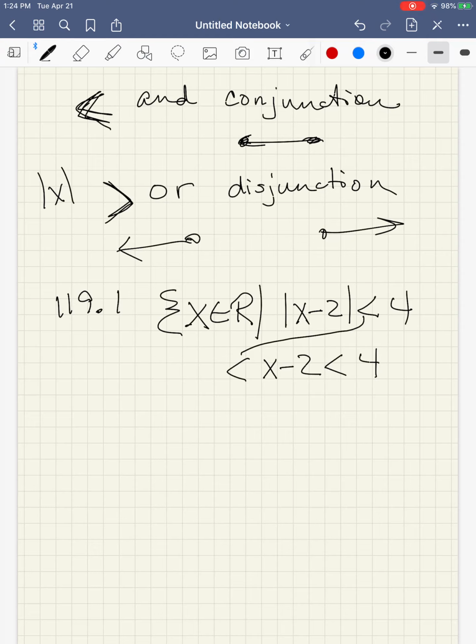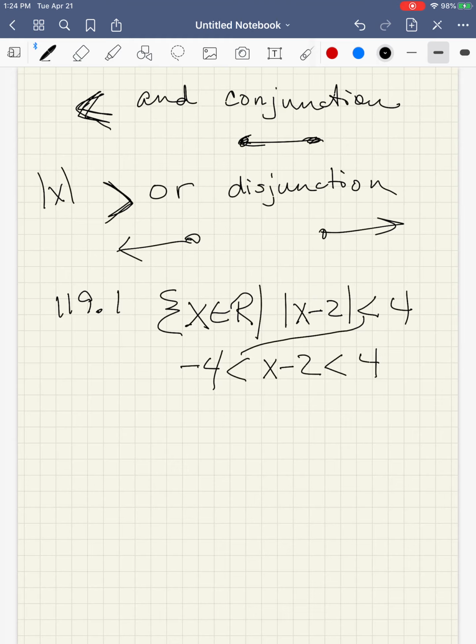Because when I take the absolute value of a number and I tell you that it's 7, the number could have been positive 7, or it also could have been negative 7. So here we have a 4. It could be 4, or it could be negative 4.